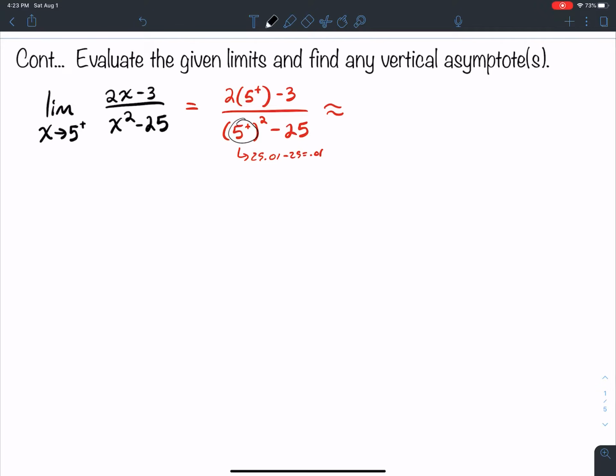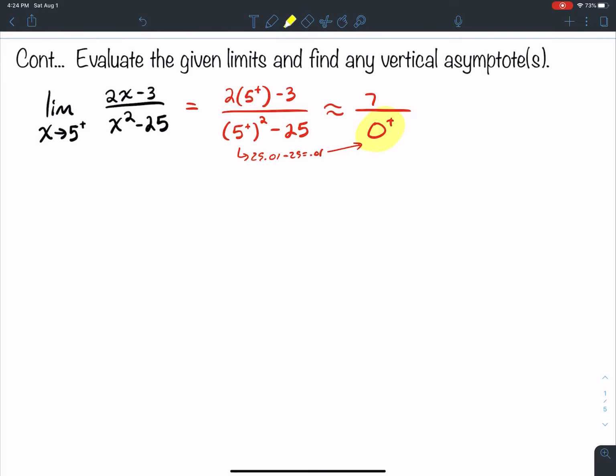A 5 on the right is going to be a little bit bigger than 5, so its square is a little bit bigger than 25. And so you're going to get this number that's small but still positive, okay? And so I like to designate that with a positive 0.